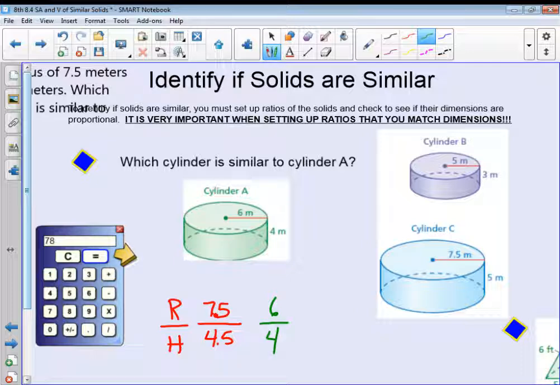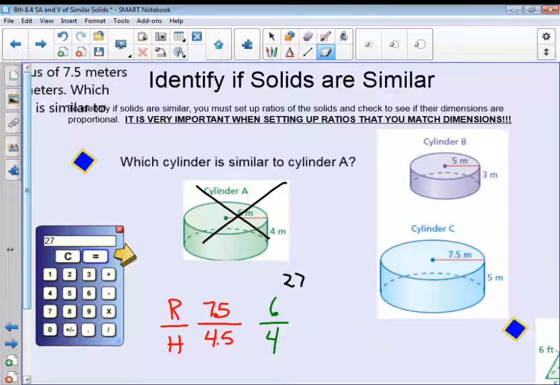So I'm going to check cross products on that first. Okay, so 6 times 4.5 gives me 27. And 4 times 7.5, I can already tell you is above 28, because 4 times 7 is 28. So it can't be that. So it's not this one. And that's just doing some quick mental math.